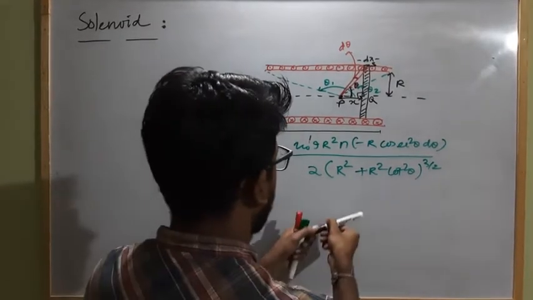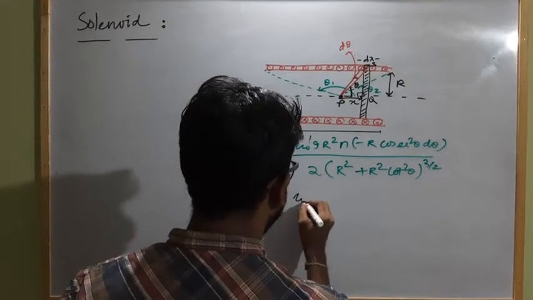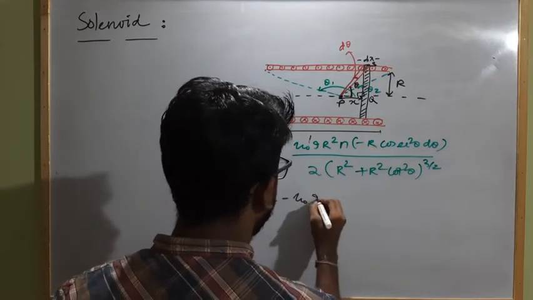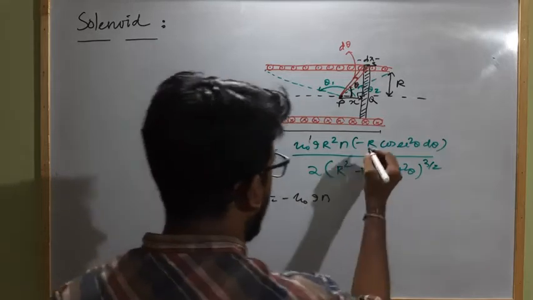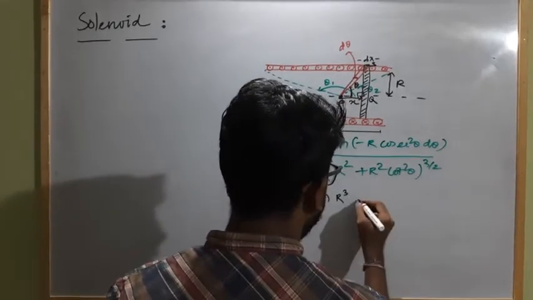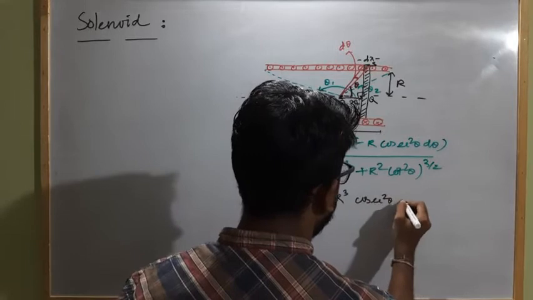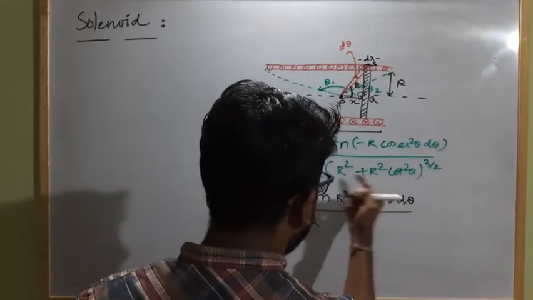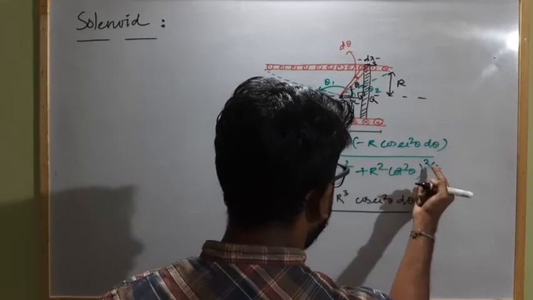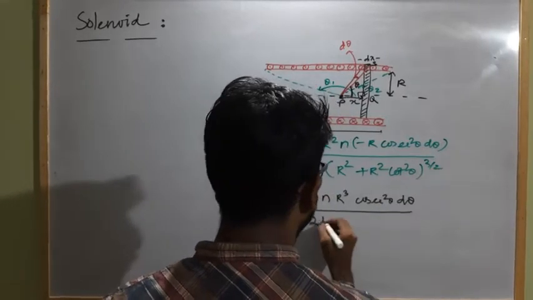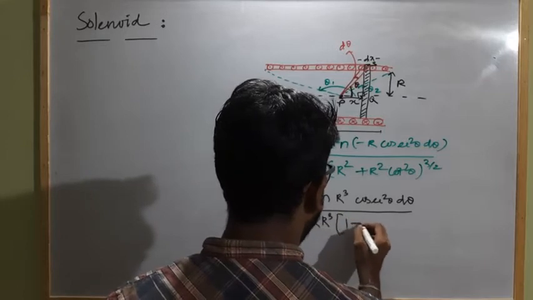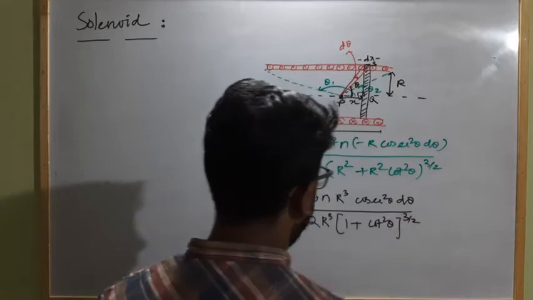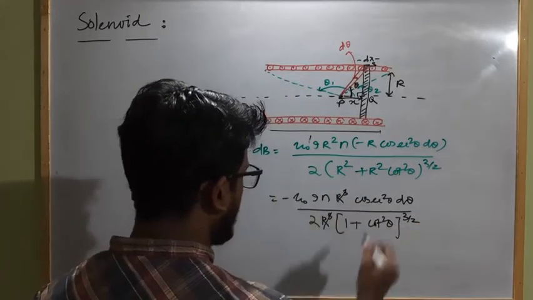So this will become minus mu naught I n R cube cosec square theta d theta divided by 2 into R cube, taking R square common, into 1 plus cot square theta to the power 3/2, and R cube cancels.